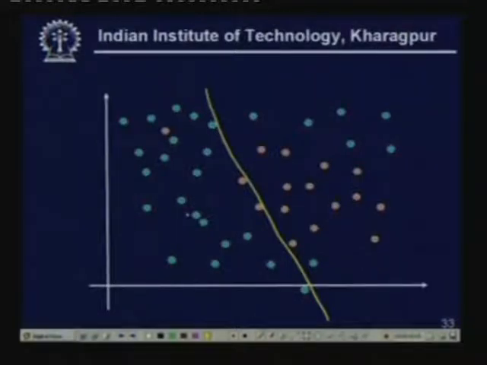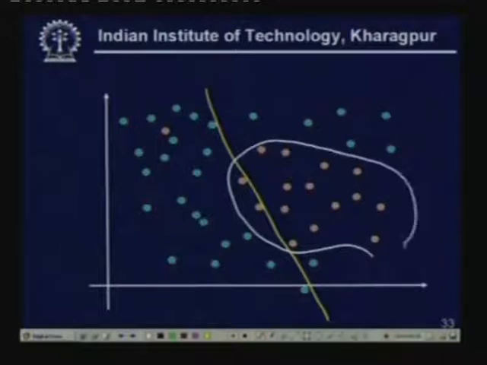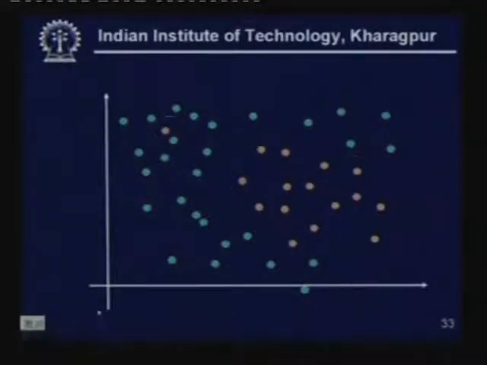So, you need a more complex decision surface to separate the positive from the negative points. Perhaps this decision surface separates most of the pink points from the green points, but there is something left over. So, you also need to incorporate this. So, you need more complex decision surfaces for this problem.